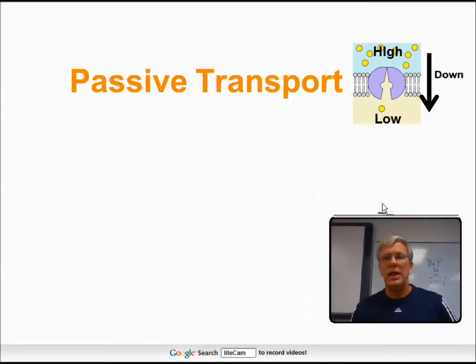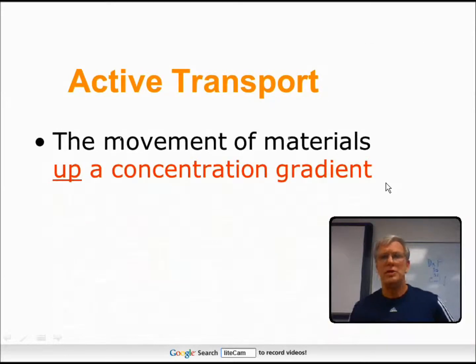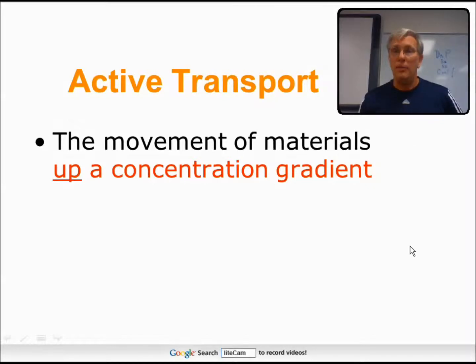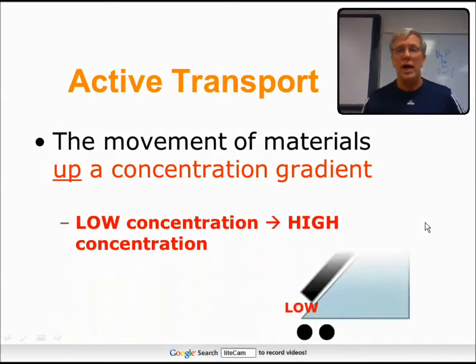Today we're going to be looking at what's known as active transport. And this is where molecules are going to be moving in completely the opposite direction. Molecules are now going to be moving up the concentration gradient, or from low to high concentration.